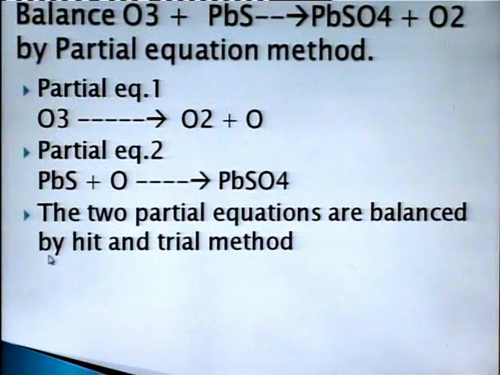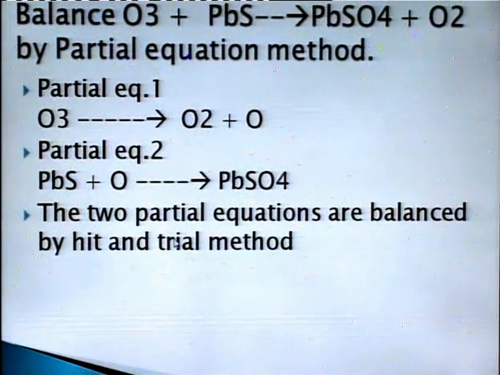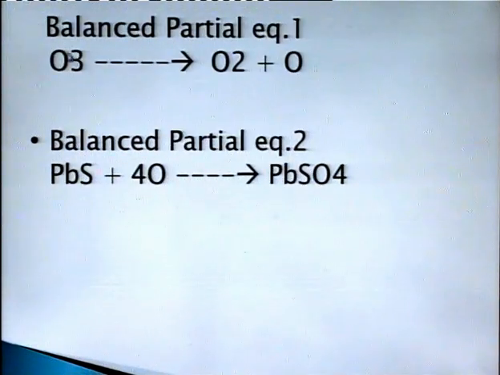are to be balanced by using again the simplest method, that is hit and trial method. That means first of all I have changed this main equation into two equations, partial equation 1 and partial equation 2. Now let us balance these two equations.